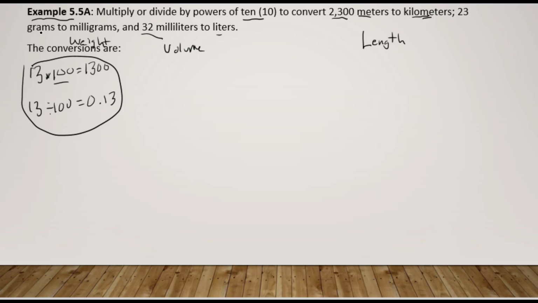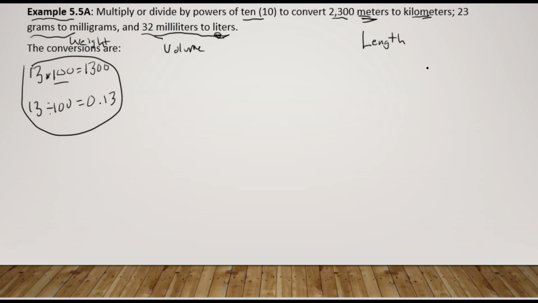So you can convert between different lengths, different weights, and different volumes. But obviously you can't convert milliliters into milligrams, because that's like trying to convert a gallon of milk into the weight of something. That's not how it works, right? Or you can't convert liters, a measurement of volume, into meters, a measurement of length.